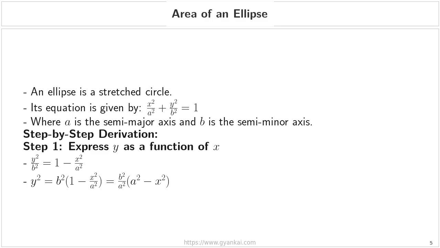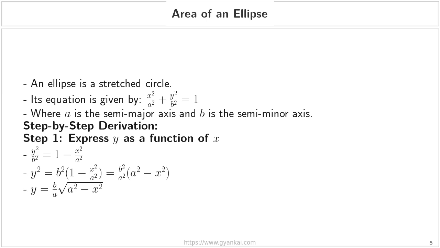This gives us y squared equals b squared times the quantity 1 minus the fraction x squared over a squared. If we find a common denominator inside the parentheses, we can rewrite this as y squared equals b squared over a squared, multiplied by the quantity a squared minus x squared. Finally, by taking the square root of both sides, we get y equals the fraction b over a times the square root of a squared minus x squared.